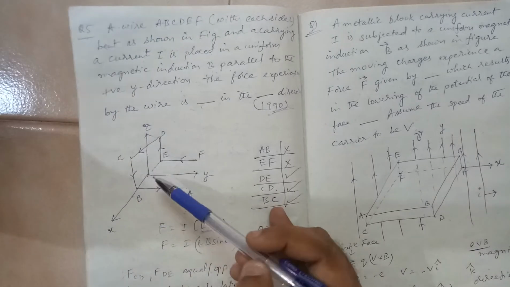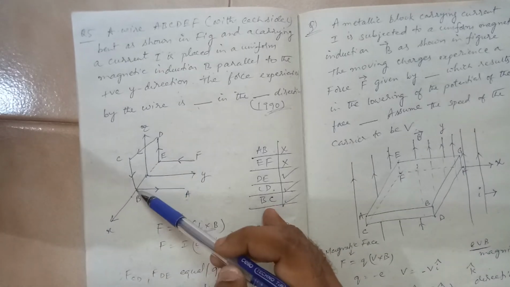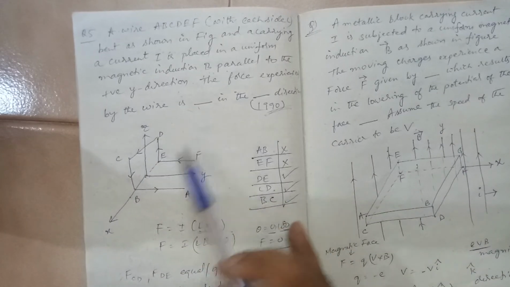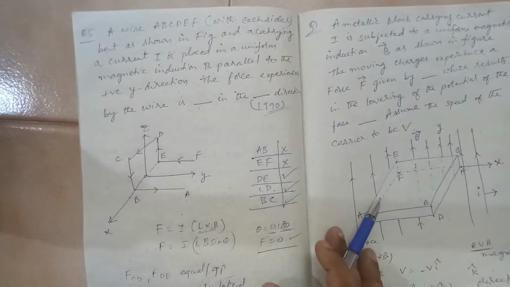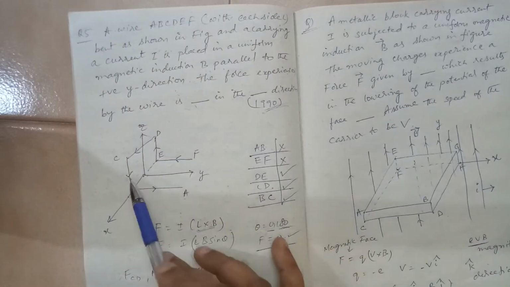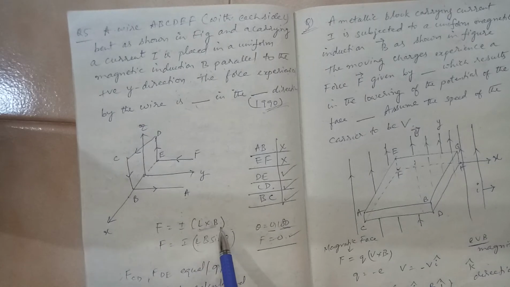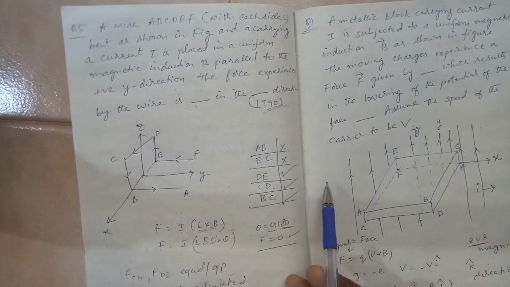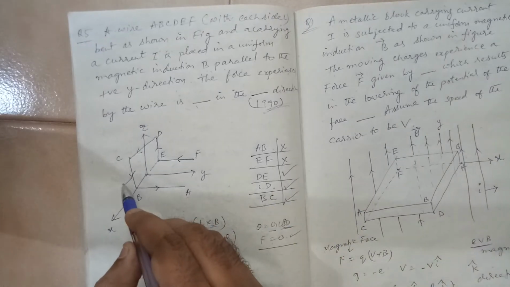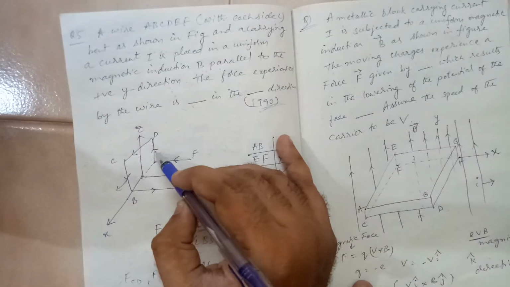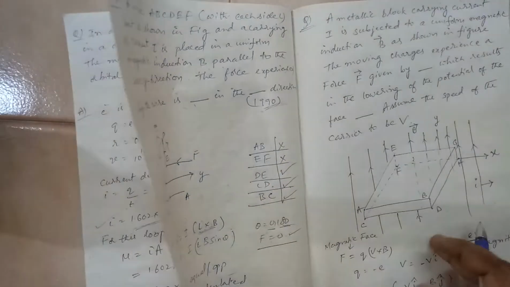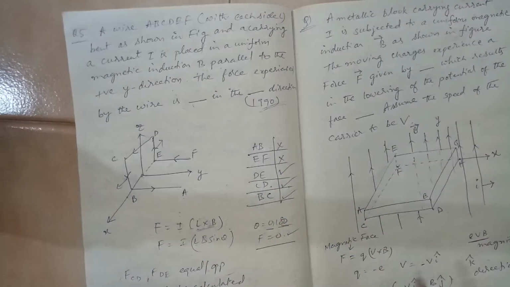So when you calculate the magnetic force on CB and ED, you see the directions of current are mutually opposite. First of all, you get the same magnitude, because when you put ILB, B is same, I is same and L is same. So the force will be equal. But one force will be in this direction and the other in this direction, so they will mutually cancel out.